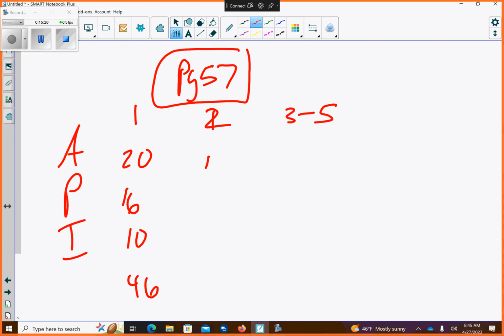Category 2 stayed the exact same. And what they did is they went back and said, okay, if I add up 3, 4, and 5, it's 10 plus 5 plus 2, which gave me the 17. And then I get 15 if I go back to the 3, 4, 5 on the other, and then I get 4 here. And this gives us 36 in this space. And then we have totals over here.